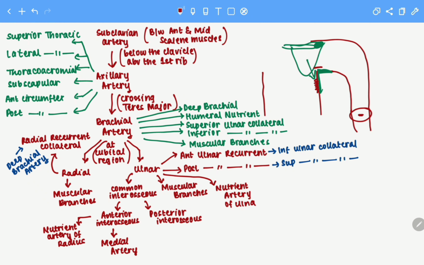Hence, this entire flowchart covers all the arteries that run in the axillary, brachial and forearm region and supply the upper limb. Now we'll revise this entire flowchart with the help of a rough diagram. So let's start the revision.